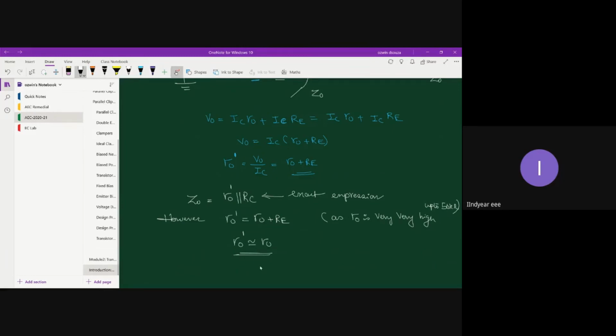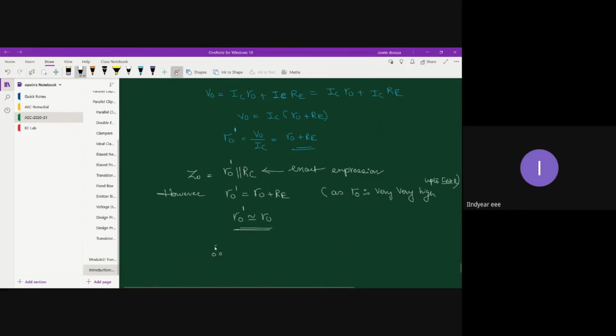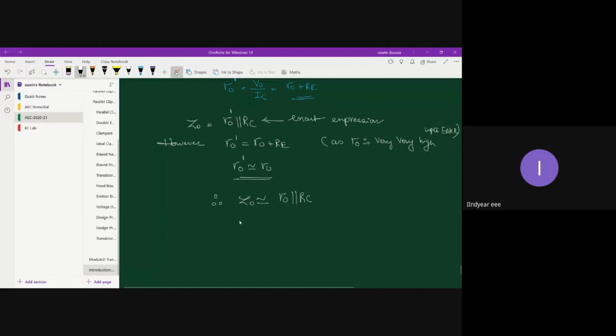Therefore, Z0 can be approximately written as R0 parallel with RC, or Z0 can be written as RC itself, because R0 will be in the range of several tens of kilo ohms, and RC will be in the range of few kilo ohms.